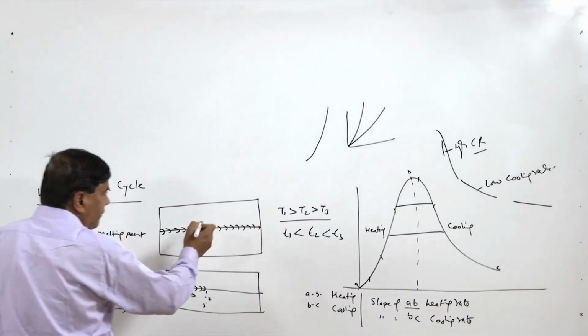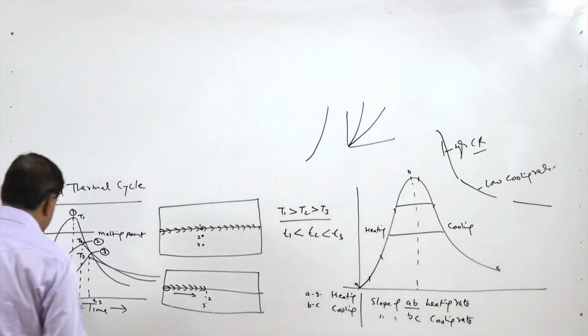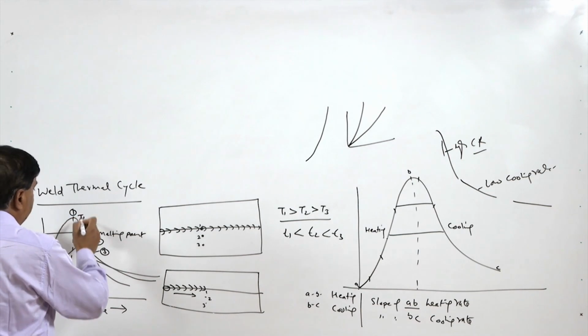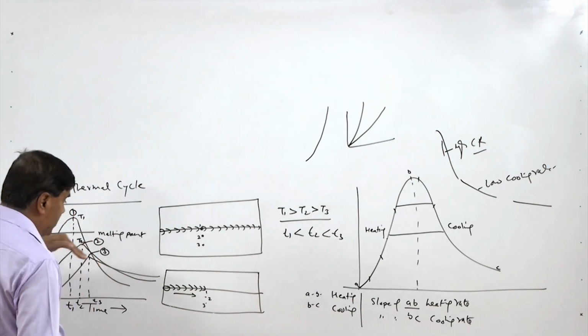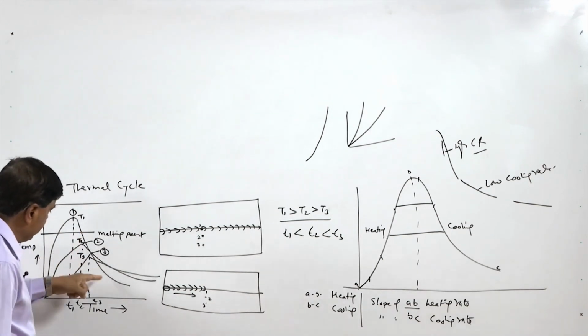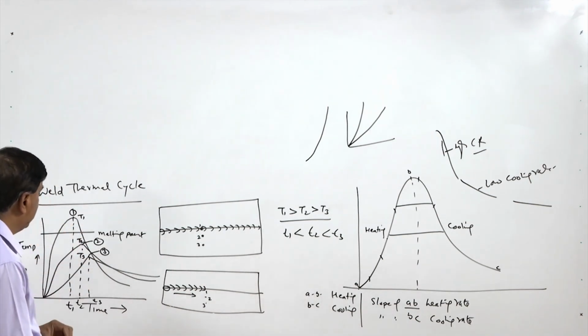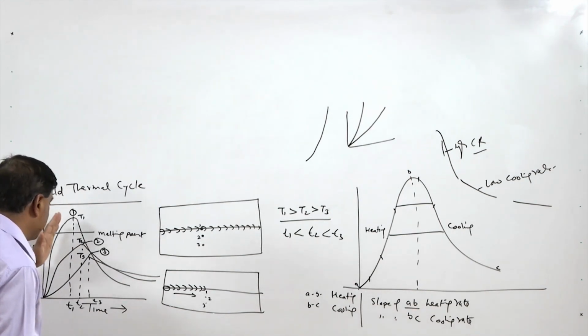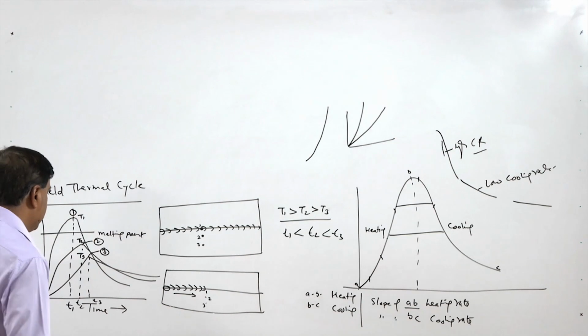The weld thermal cycle for point 1 shows a very high heating rate, high peak temperature, and then a high cooling rate also, as it reflects from the slope of the curve showing the heating and the slope of the curve showing the cooling.